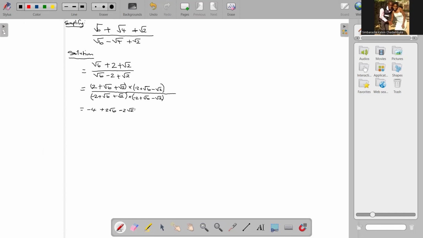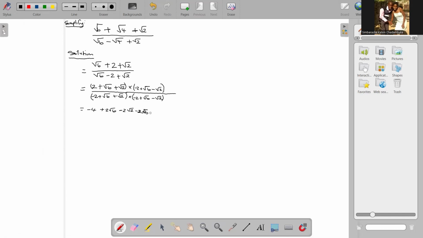Then we are going to have 6, and that we are going to have a negative 2 root 6.